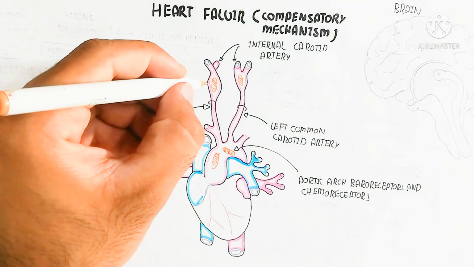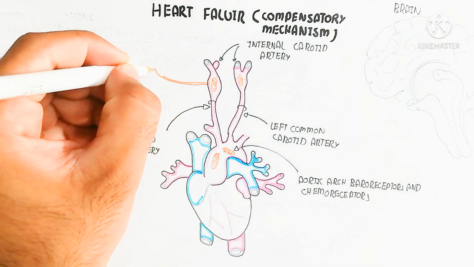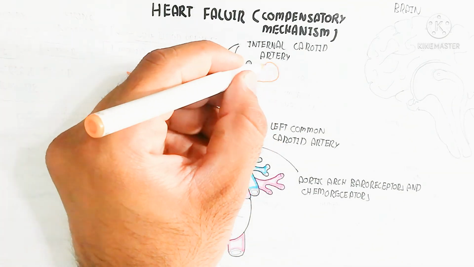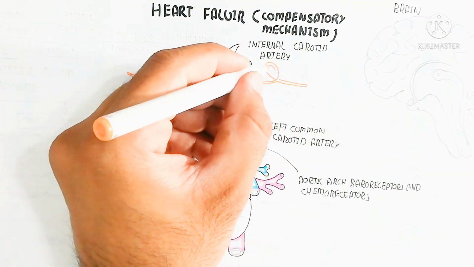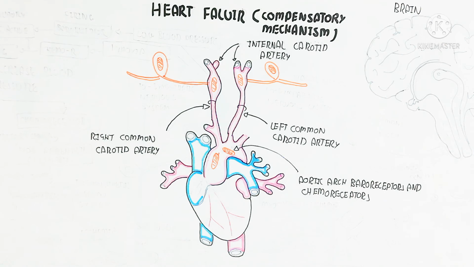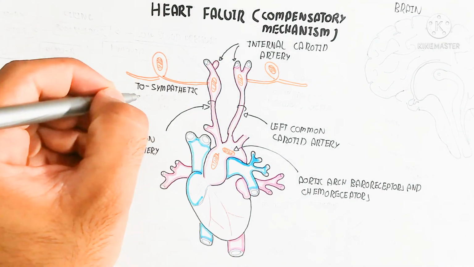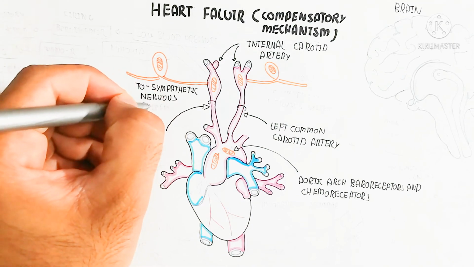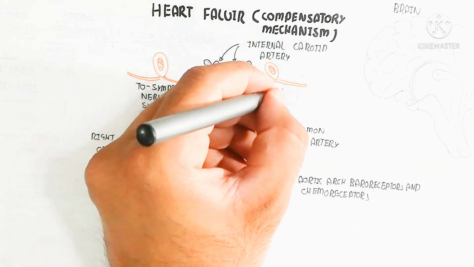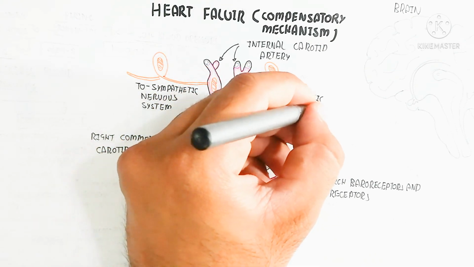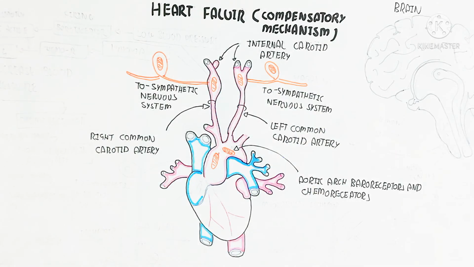This is the internal carotid artery, which gives rise to the sympathetic nervous system and parasympathetic nervous system. The sympathetic and parasympathetic nervous systems make up the autonomic nervous system. It is uncontrolled and an involuntary response.